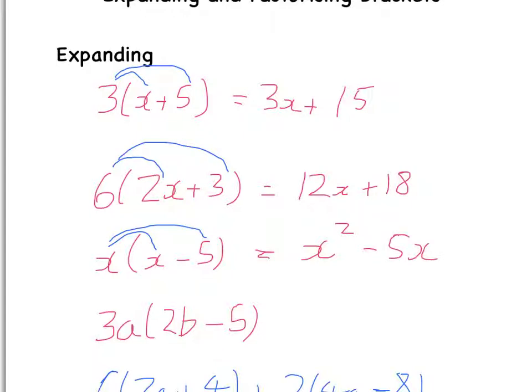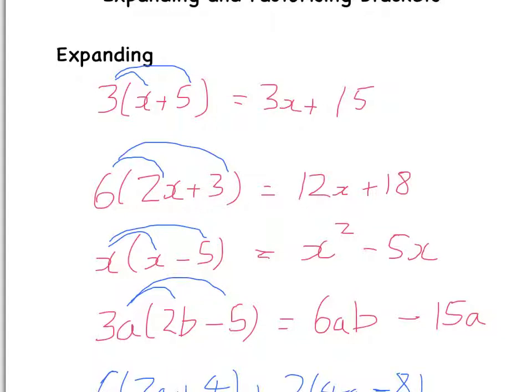And the final style question is 3a, and we're going to multiply that by 2b minus 5. Well, it's exactly the same step. So what is 3a times 2b? Well, 3 times 2 is 6, and then we're just going to put a times b. And the second part, 3a times minus 5, well, 3 times minus 5 is minus 15, and then we've got the a.